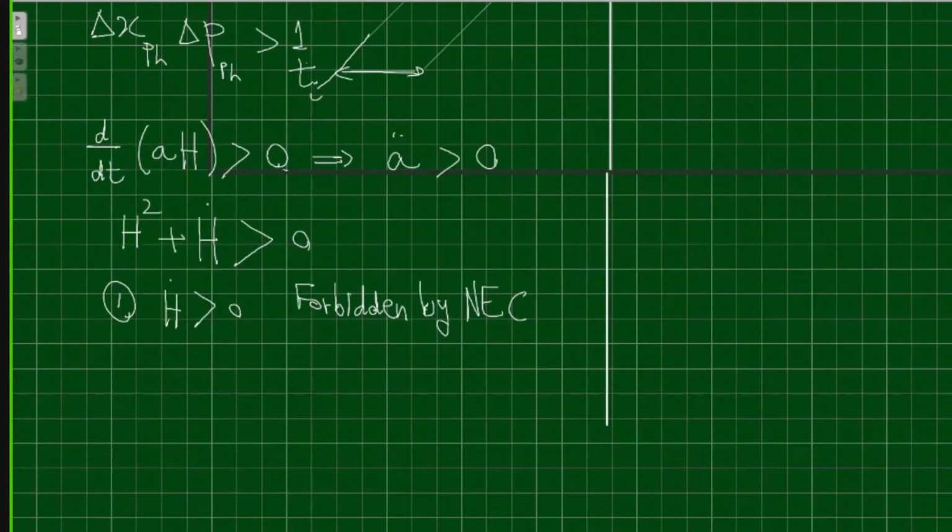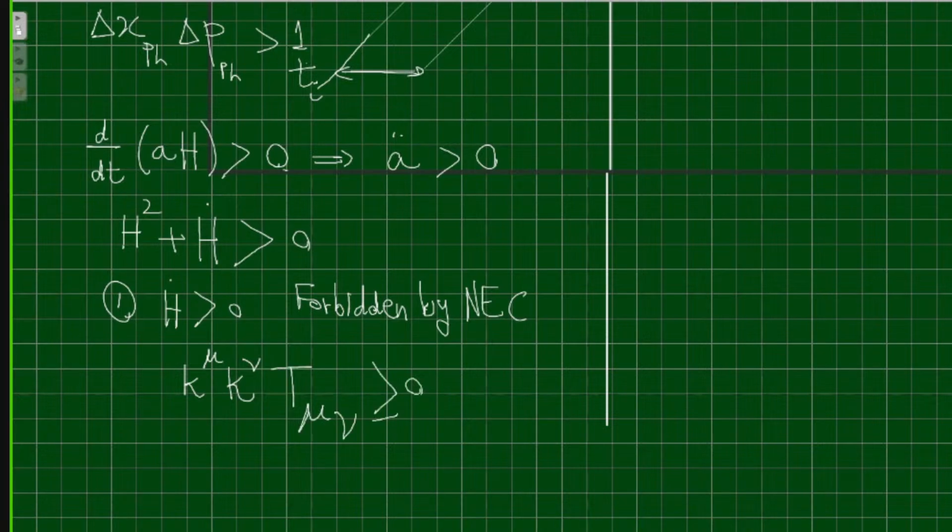Okay, let me just write what null energy condition says. It says that for any null vector k mu, k mu k nu times T mu nu should be larger than or equal to 0.